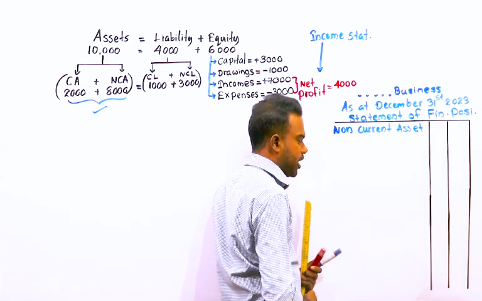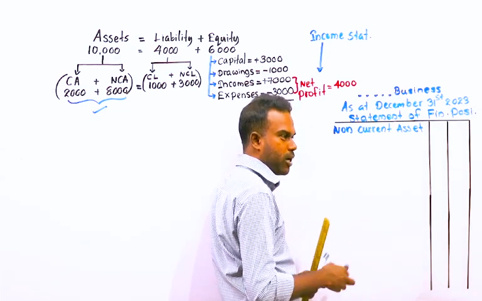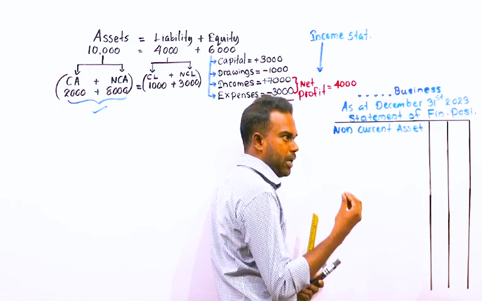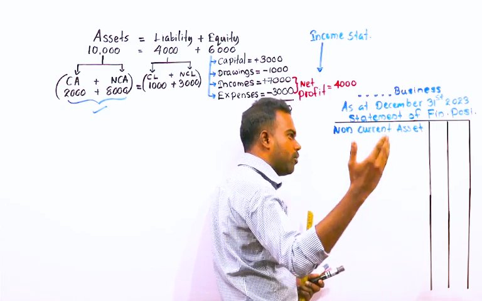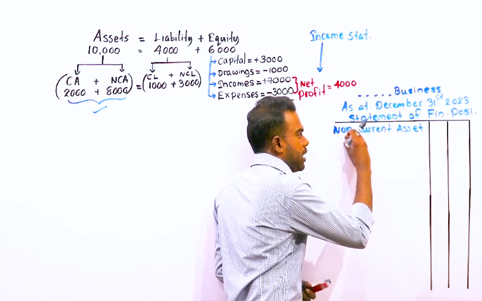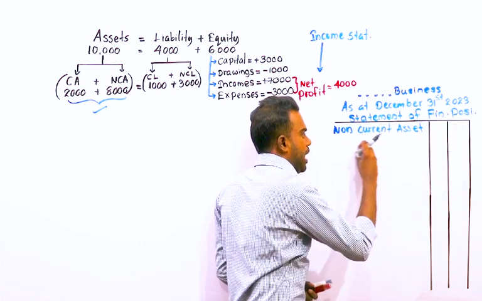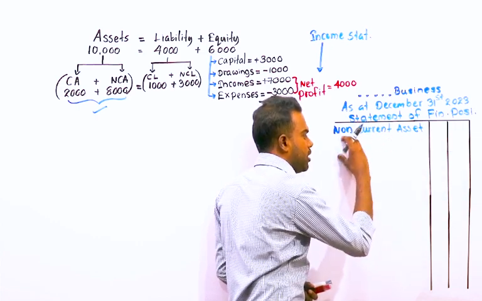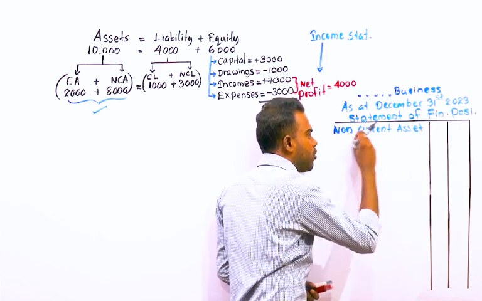If there are examples, like what are the examples for non-current assets? Land, buildings, motor vehicles, investments, assets over more than 1 year. Then you have to write down those examples under this heading.